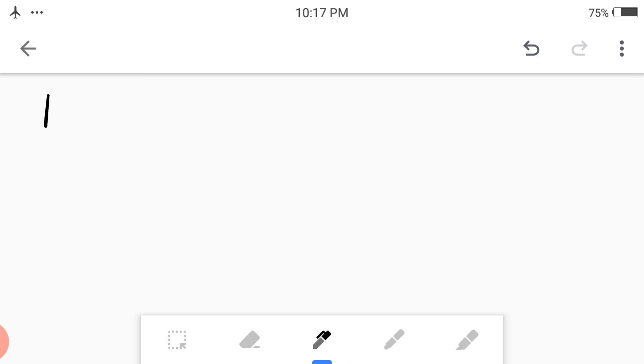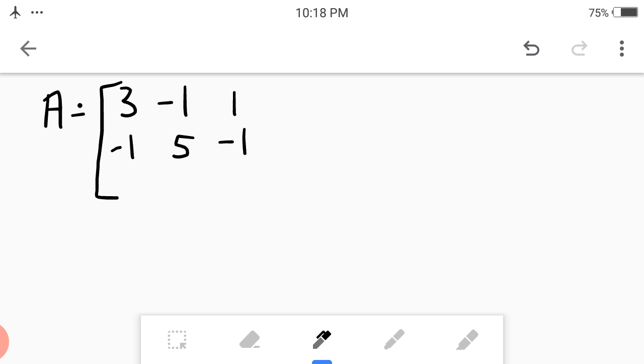So consider a 3 cross 3 matrix with A as 3 minus 1, sorry about that, minus 1, 1, minus 1, 5, minus 1, 1, minus 1, 3.